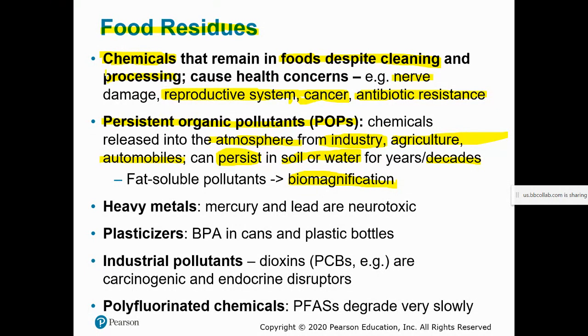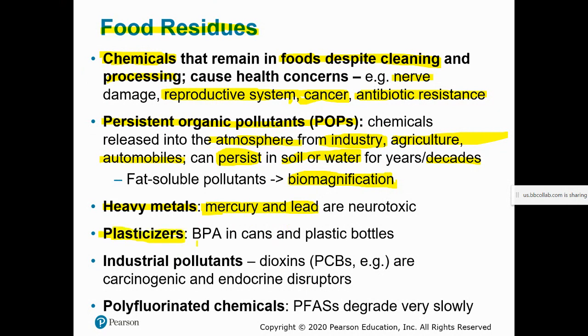Some other sort of chemical residues that might exist would be heavy metals. Mercury and lead are two of the most common ones. And again, these can get into the environment through various forms of industry. Mercury also just exists, I'd say, somewhat naturally, like in our marine supply, so in seafood. So again, biomagnification can relate there.